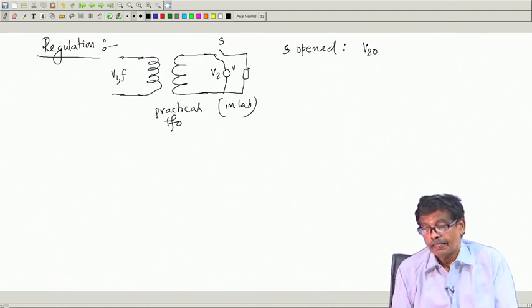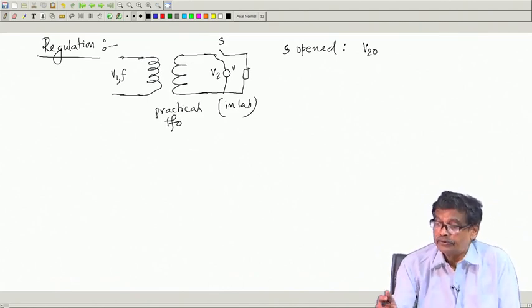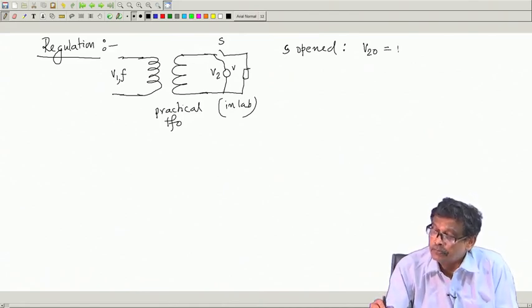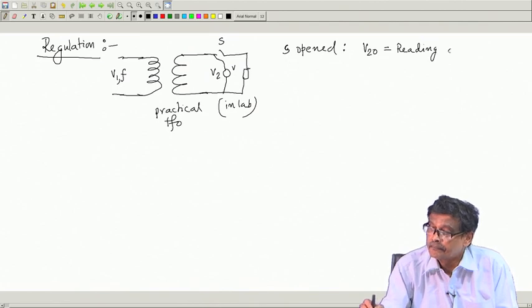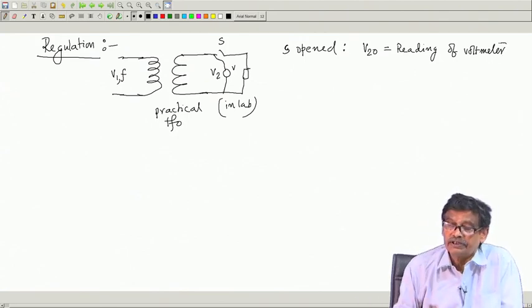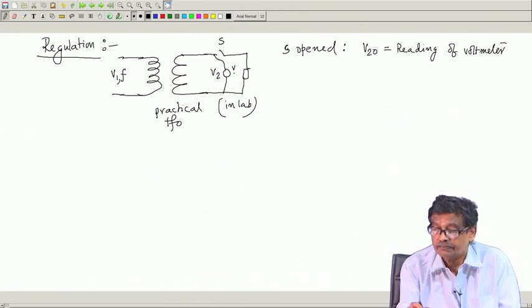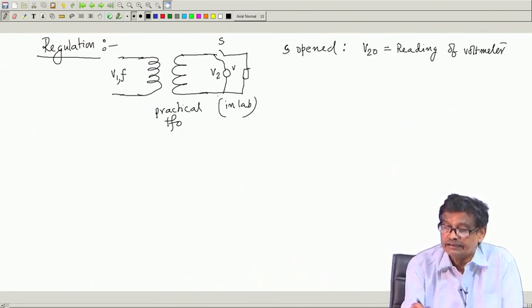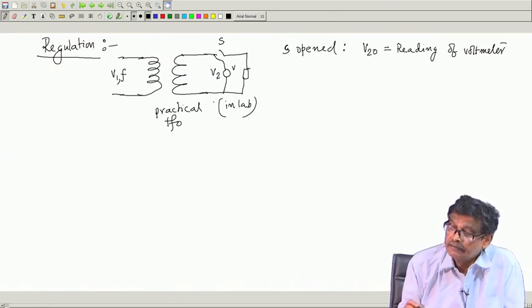Note down this reading, the magnitude of this voltage, the voltmeter reading across the secondary. Here is the voltmeter connected.